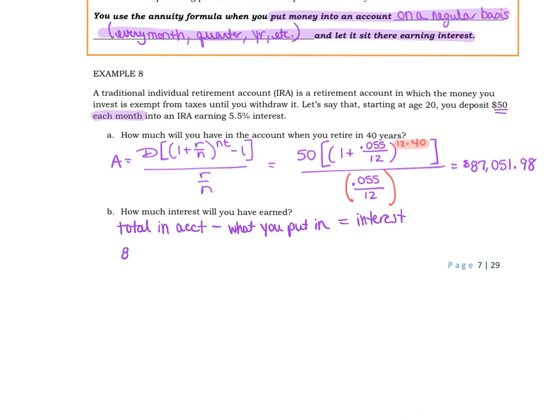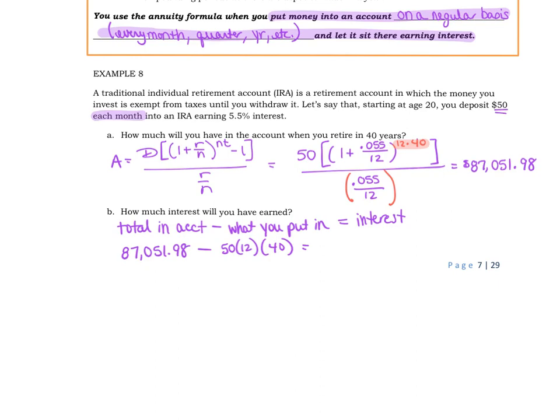So the total in the account is your $87,051.98. And what you put in was $50 times 12 months a year for 40 years. That represents the amount of money you actually put into that account.